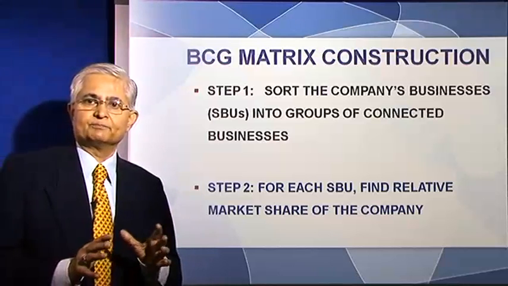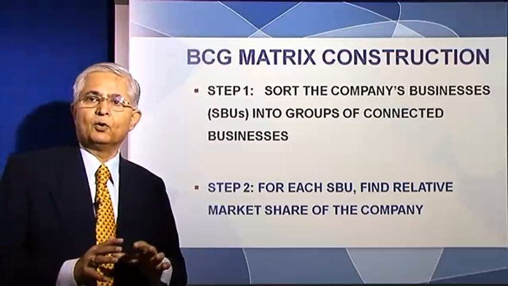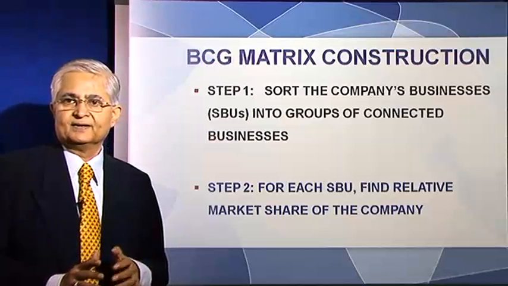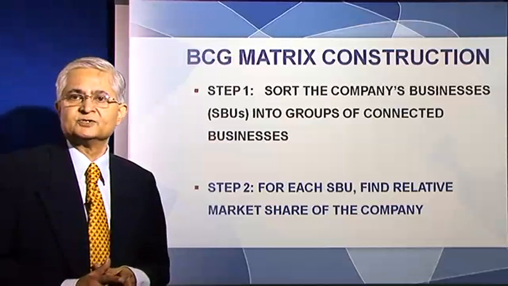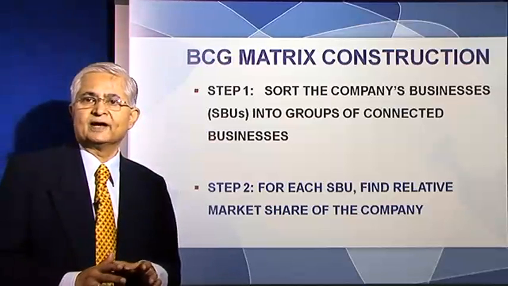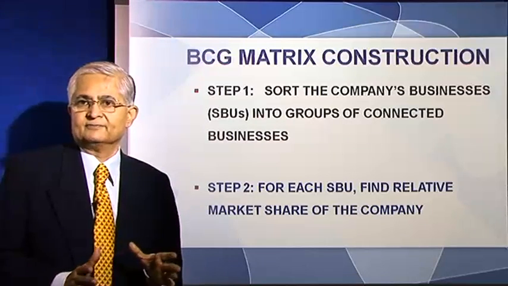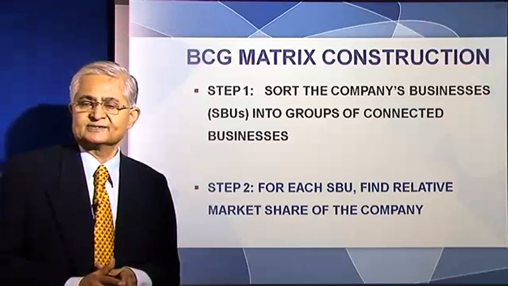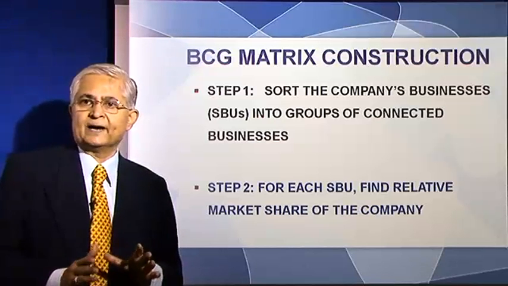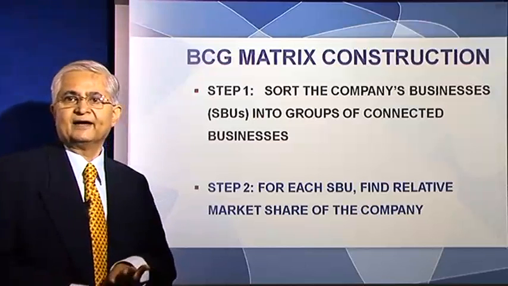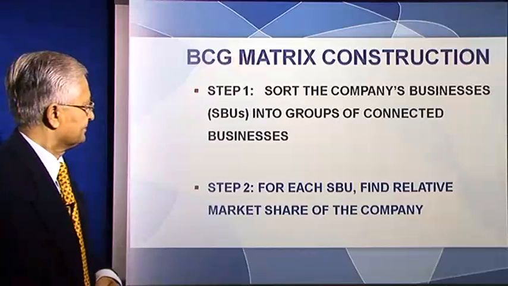So let's put all the different kinds of paper into the paper category. They make various kinds of consumer products. Let's put all that into the consumer product category. They make various kinds of tobacco products. Let's put that into the tobacco category. And then they have hotels. So they have 4 SBUs.